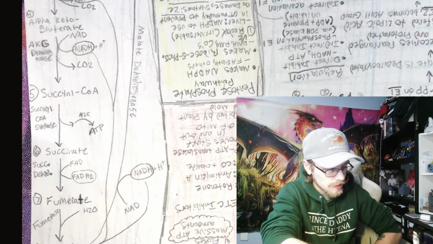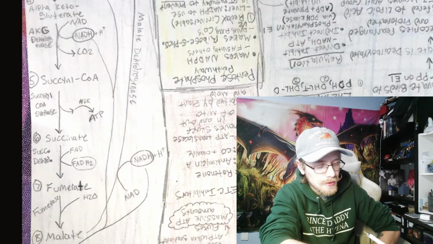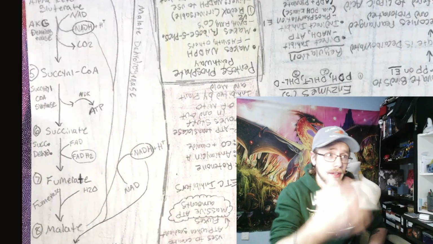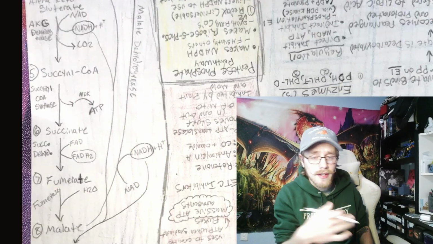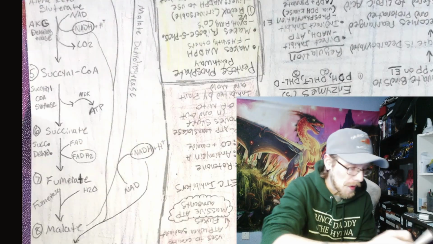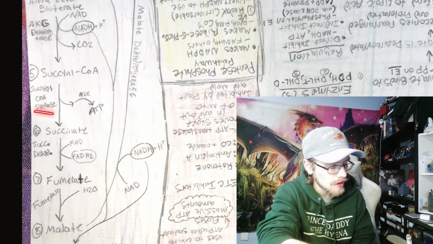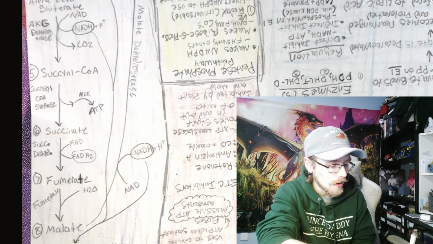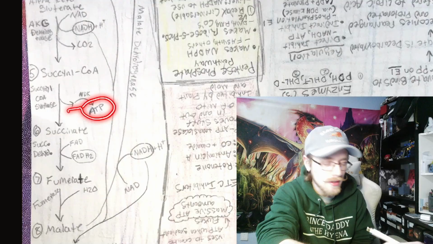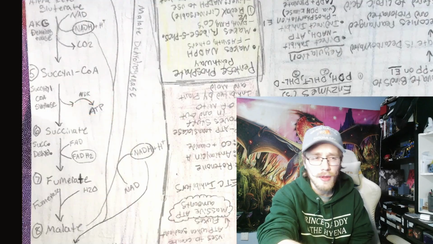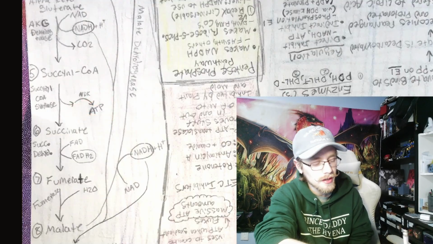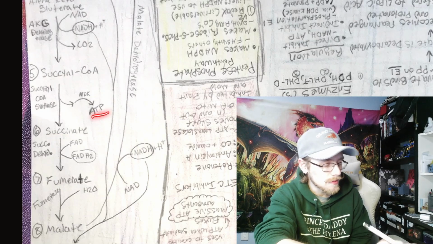We're also expending some CO2 here, so that's where a lot of your exhaling comes from. You're exhaling CO2, and a lot of it comes from this cycle. Succinyl-CoA uses succinyl-CoA synthetase to become succinate. And here we're actually gaining an ATP through the generation of a couple other molecules. So you can see there's two arrows there ending in ATP, which is pretty cool.